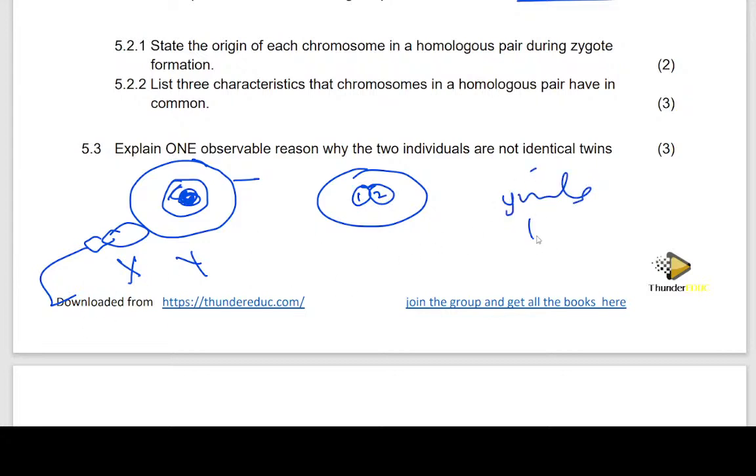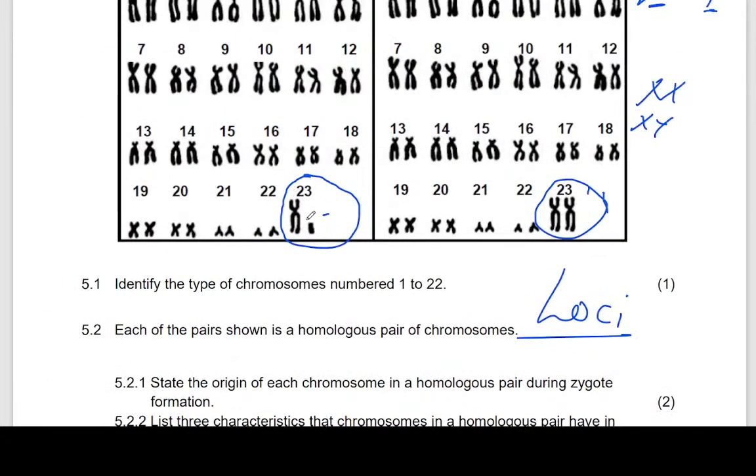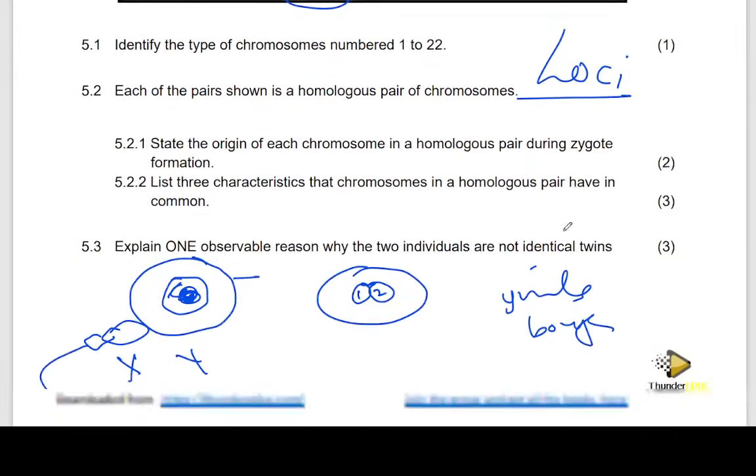If it was Y, they're going to be boys. So there is no such thing here as identical twins of different sex, because two sperms cannot fertilize one ovum. The same way one sperm can't fertilize two ova. Because this is male and this is female, they can't be identical twins.